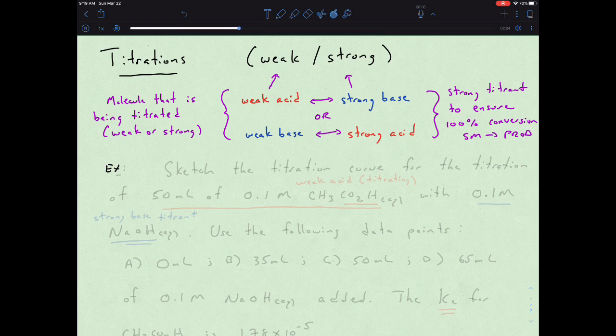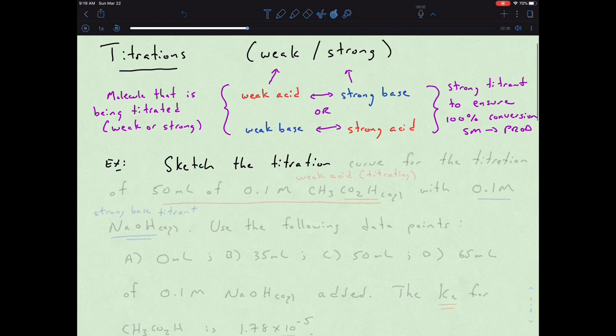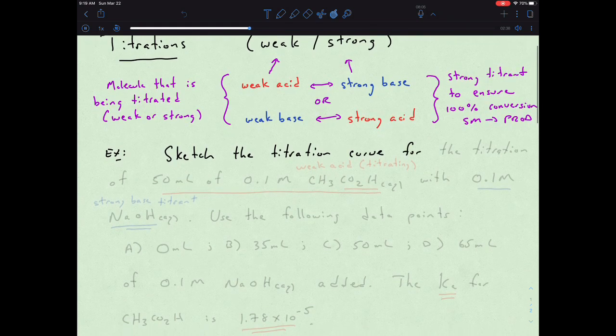So our example for the weak strong is as follows, right? We want to sketch the titration curve for the titration of 50 milliliters of 0.1 molar acetic acid with 0.1 molar sodium hydroxide.